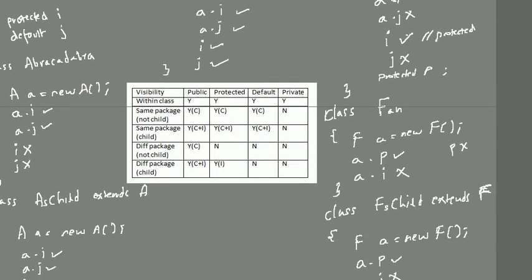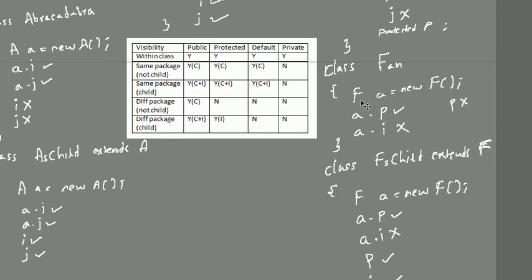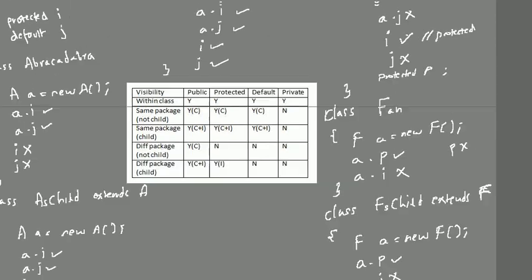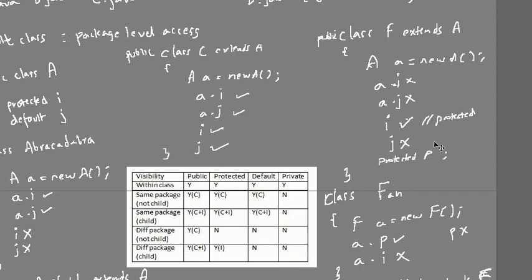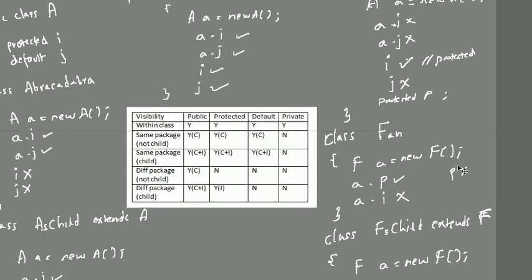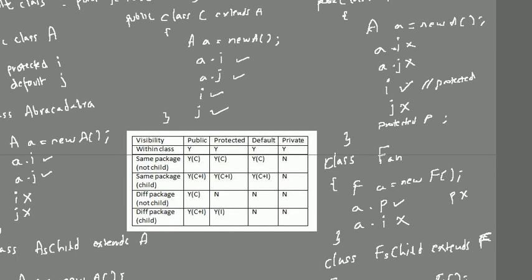Now I is a protected member in F. So you could think that by creating an instance of F in a different class, you can access I, but that is incorrect. Even though I has a protected access in F, and so does P, you could do A dot P but not A dot I because I is from a different package, right? So because I is from a different package, the only way you can access it is through inheritance.